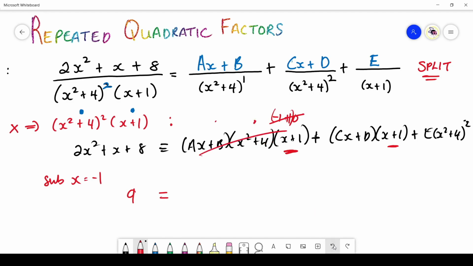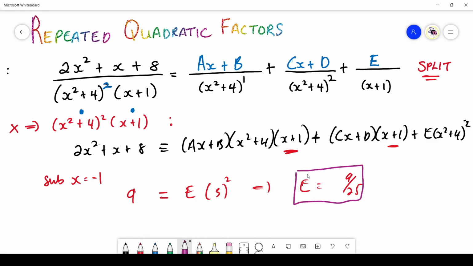All right. So similarly for the second term as well, you can see that happening right here. So you'll just end up getting e/((-1)² + 4)², which is 1 plus 4, which is 5 squared. And this implies that e gives us a value of 9/25. All right. And boom, just like that, we got a value for e.